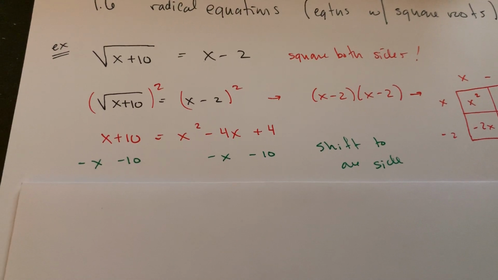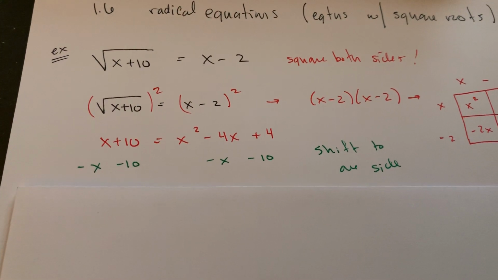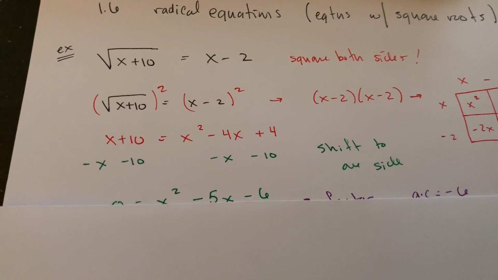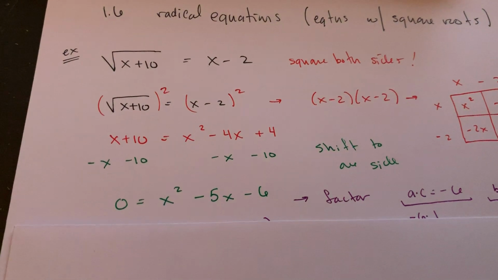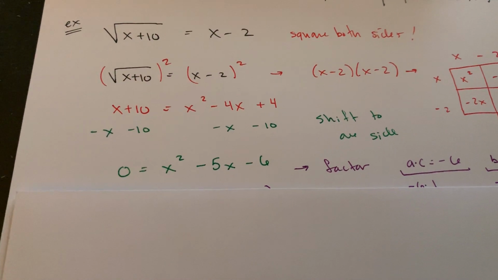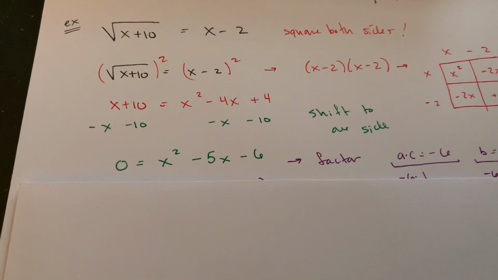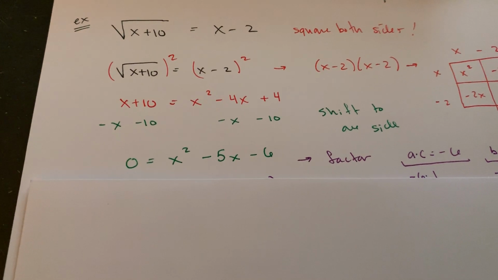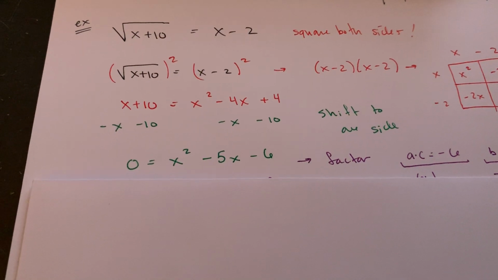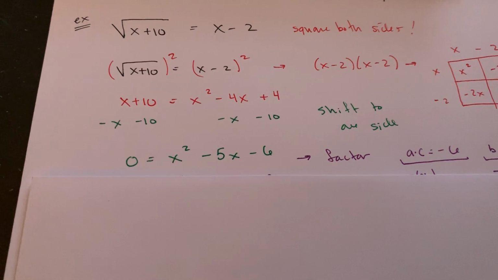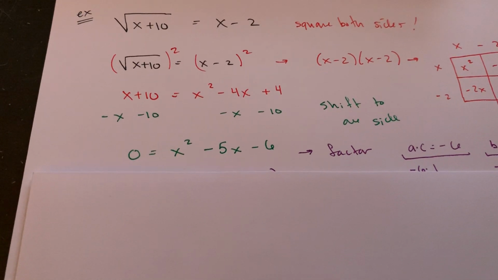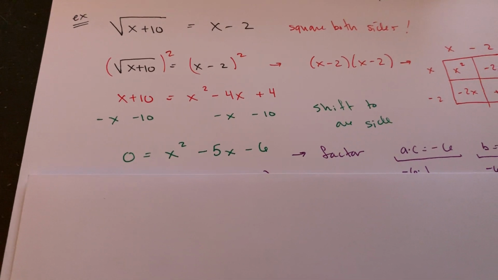So let's do a minus x and a minus 10, and we'll bring those two terms over. When we do that, combine like terms. So minus 4x minus x is minus 5x, plus 4 minus 10 is minus 6. So I'm really looking at trying to factor 0 equals x squared minus 5x minus 6.